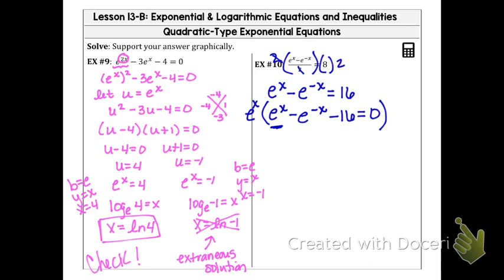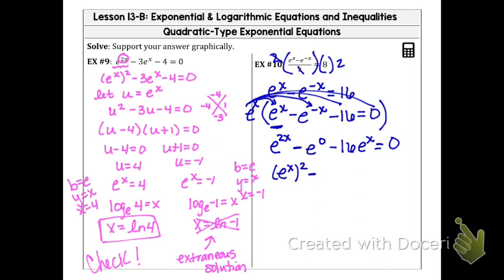So when I do that, I get e to the, remember when you multiply, you keep the base, add the exponents, x plus x is 2x, minus, add the exponents again here, so e to the 0, minus 16e to the x equals 0. So this first one is my e to the x squared, minus e to the 0 is 1, minus 16e to the x equals 0.